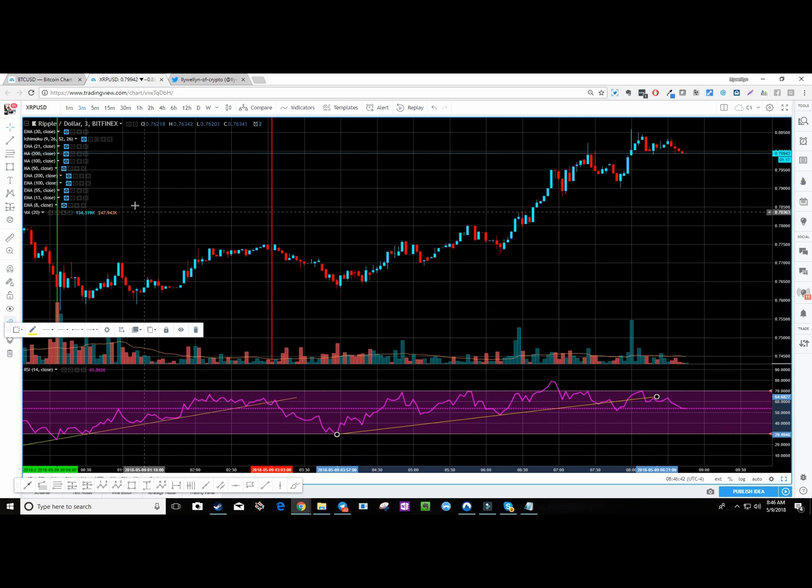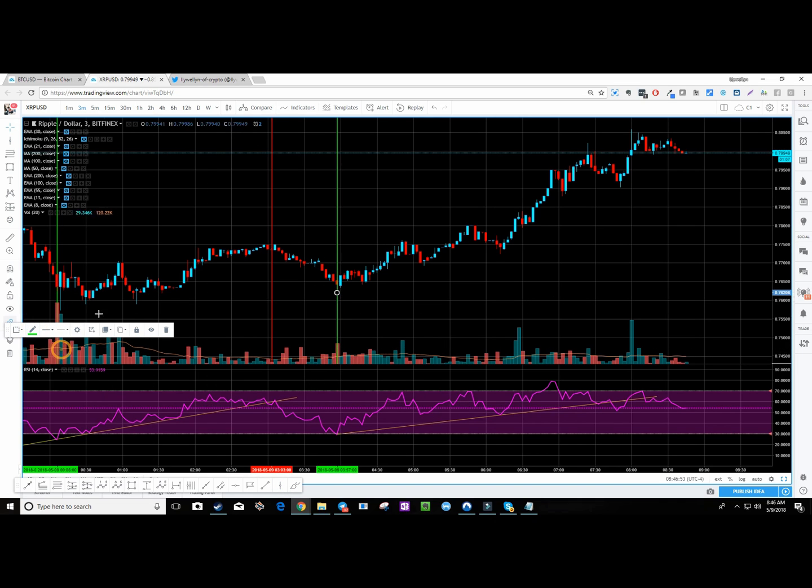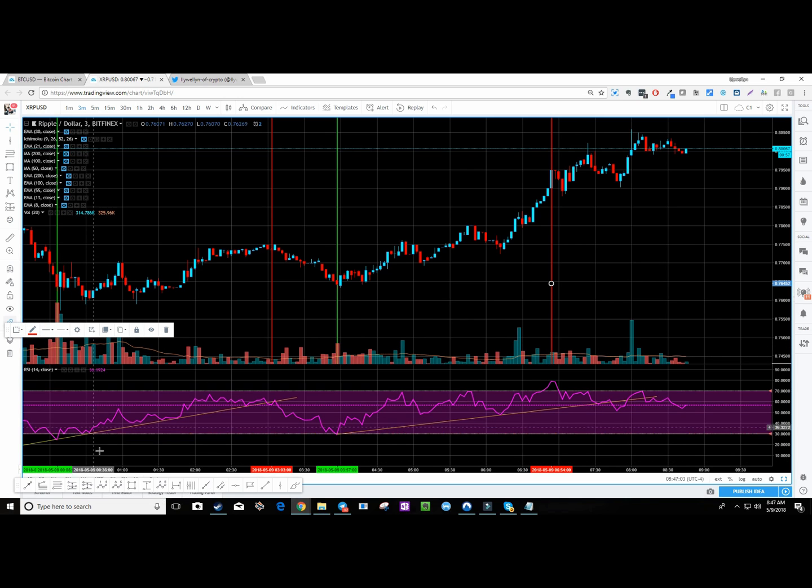And so let me just mark this here. So this would have been the other trade signal. And so something like that. That's where I ended up closing the trade.